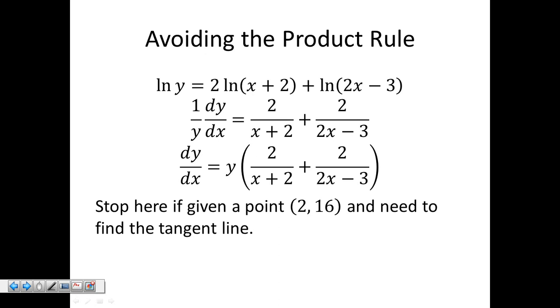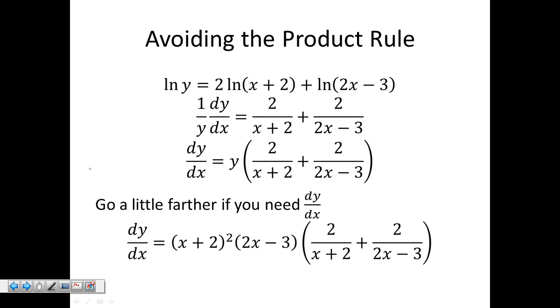But if they did not ask what's the tangent line at a particular point, if they asked me what is dy over dx, I'm going to need to go a little further. And what I'm going to do is substitute in what my original y was equal to. So this stuff in the front is what y was originally equal to.